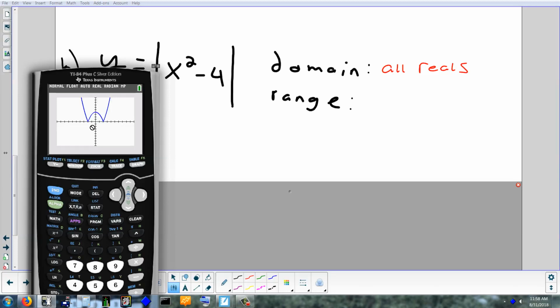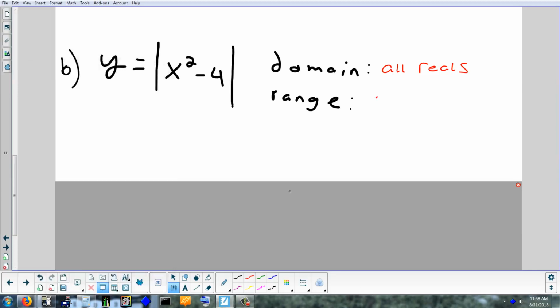The lowest this graph goes is right there, 0. And then how high does it look like it's going to go? Yeah, infinite. It's going to go up forever. You can keep zooming out, but it's never going to stop. So the range is all y values greater than or equal to 0, or you can write it that way as well.